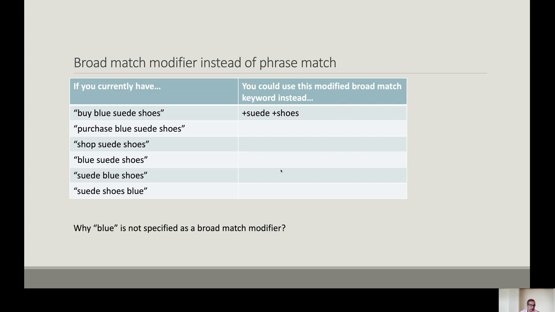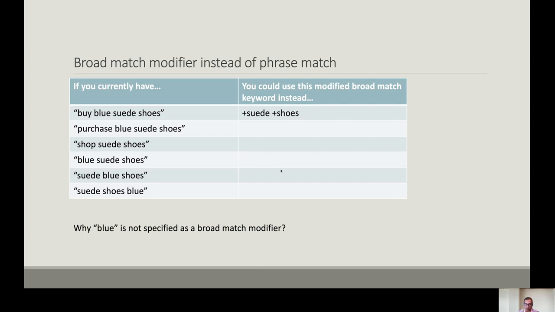If we actually do include plus blue there, then it means that whenever a match has to occur, the word blue or a close variant of the word blue should be in the search query. And so by including plus blue, it would no longer match with the shop suede shoes version of that particular keyword.